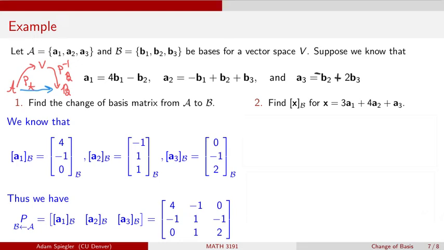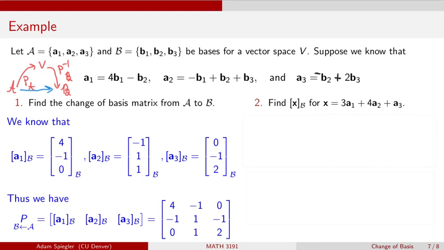Great, and so now we can answer the second question. So if I know my vector written with respect to A coordinates, so for some vector x in vector space V, I know that it can be written as 3a1 plus 4a2 plus a3. And here I just picked off a random vector to apply this change of basis for.